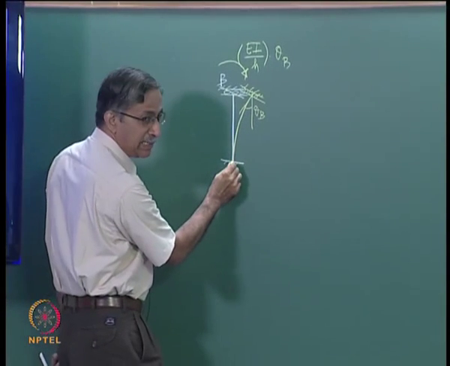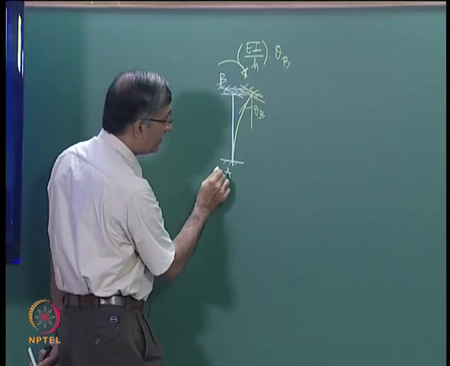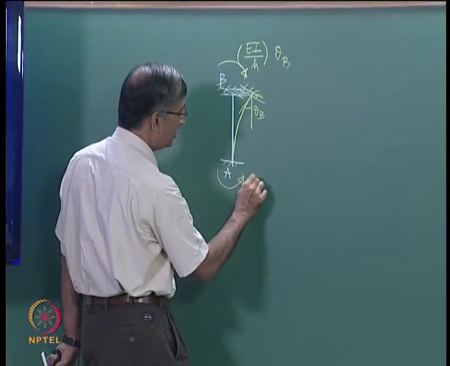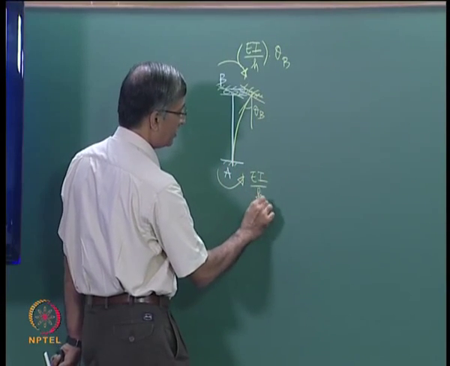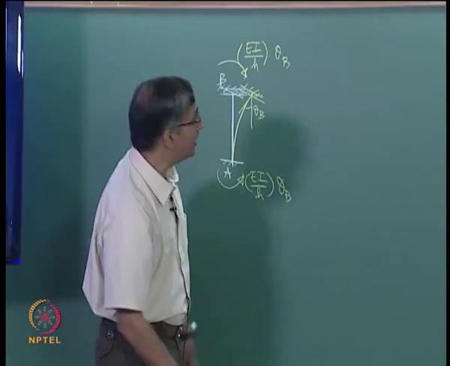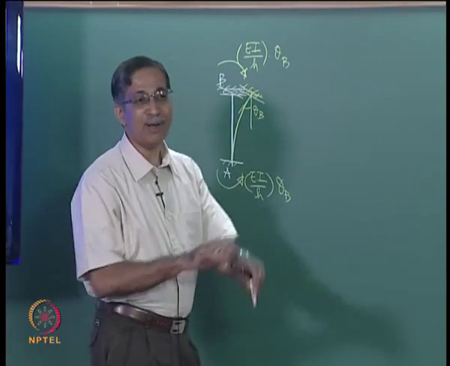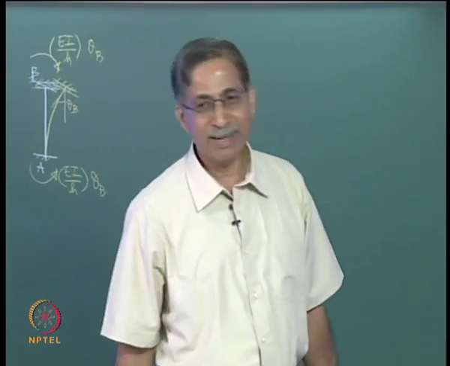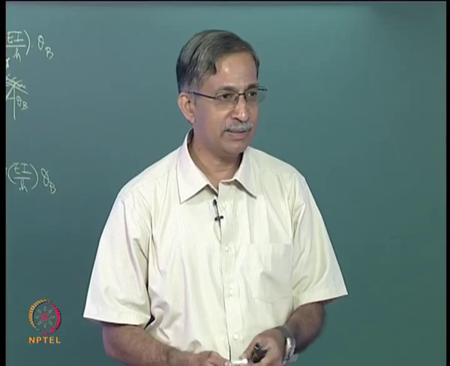What is the moment that you get here? It will be in the other direction, and it will also be equal to. So you have done this with the element in the horizontal position in beams. The behavior is exactly the same even if it is vertical.